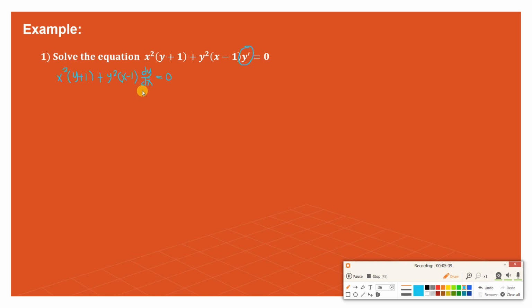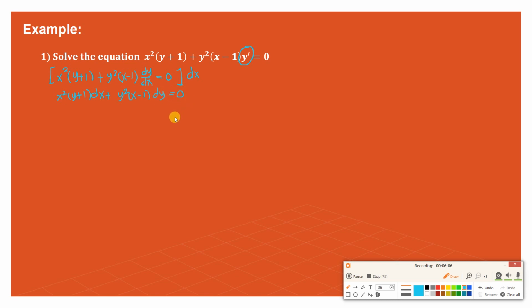Tapos, yung sa second term naman, y, part naman siya ng dy. Okay, so separating first dy over dx by multiplying both sides by dx. We have x squared times y plus 1 dx plus y squared times x minus 1 dy equals to 0.